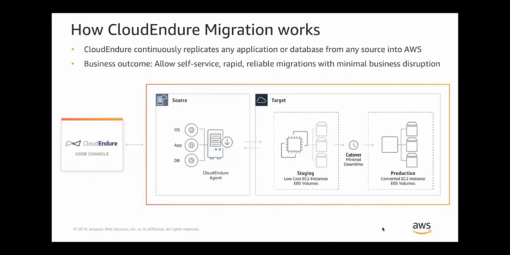When you are ready to cut over, CloudEndure does this automatically by performing automated machine conversion, which includes bootloader changes, hypervisor driver injection, cloud tool installs, amongst other tasks. CloudEndure ensures that you have production workloads running within AWS with a click of a button or a single API call.